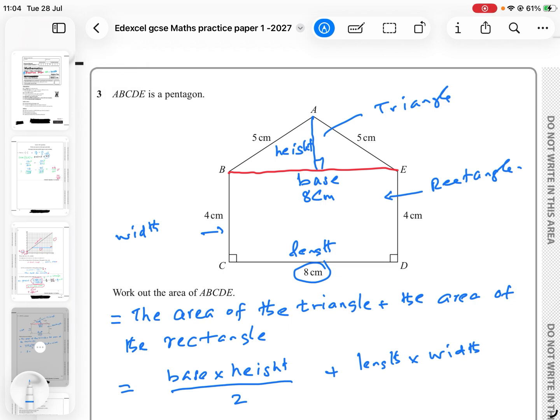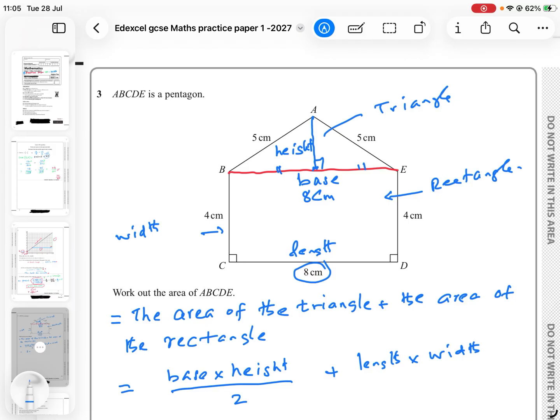So the triangle is isosceles. So the base and height line splits it into equal parts.